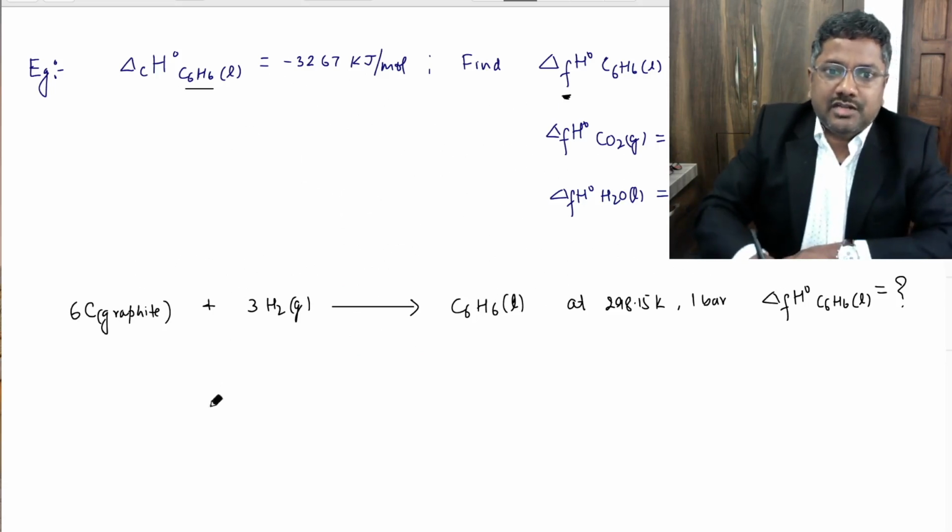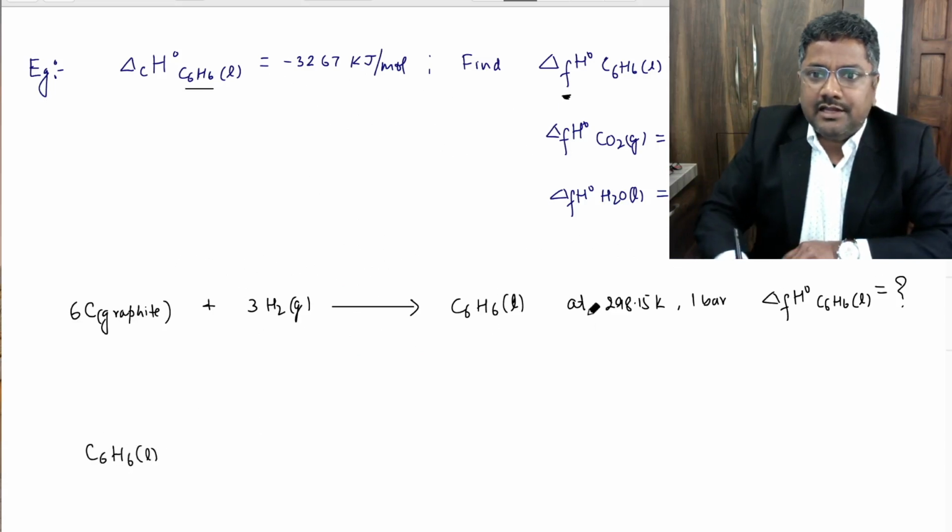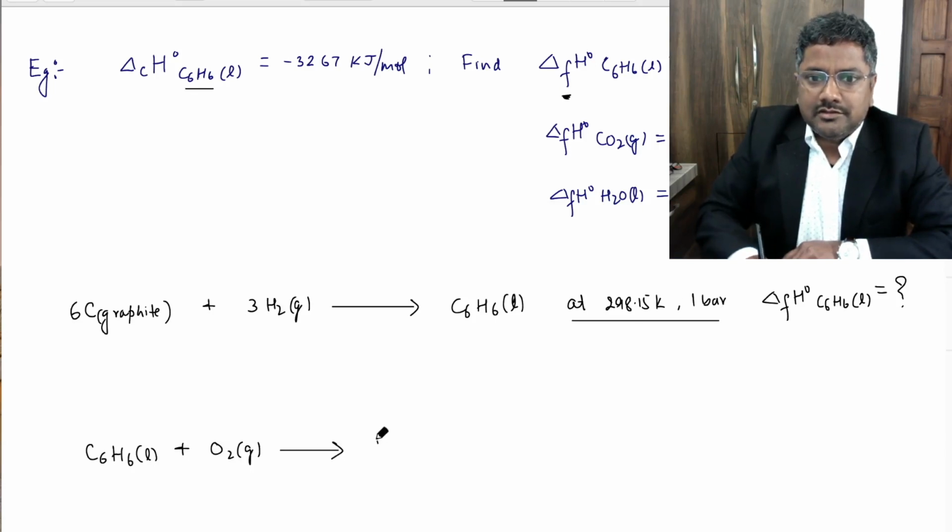Now combustion of benzene. Combustion of benzene C6H6 liquid. For all the reactions, this is the standard state, so don't write it every time. C6H6 liquid plus O2 gas gives you CO2 gas plus H2O liquid, right?